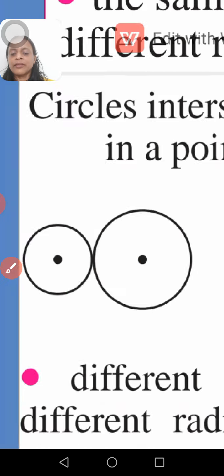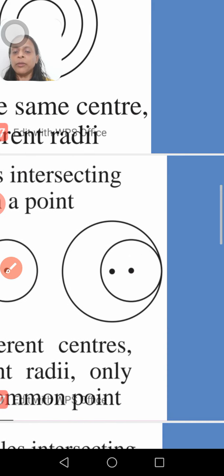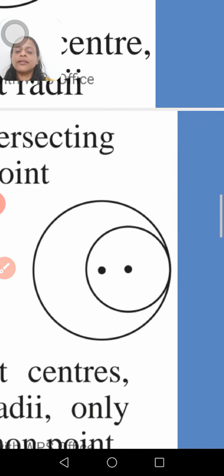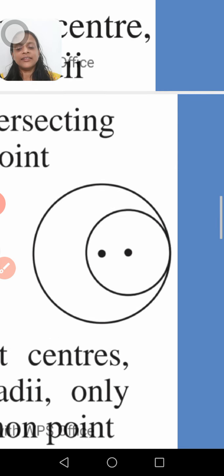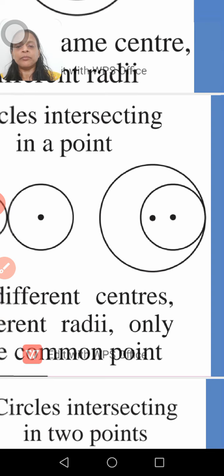Common point. And this one is also having two centers, same concept: two centers, different radii, touching in one common point. But how is the figure different? Can you see the difference? Yes, only one common point, two differences.